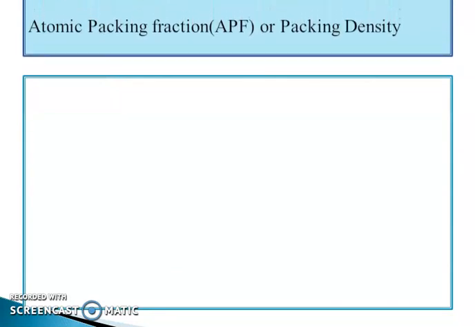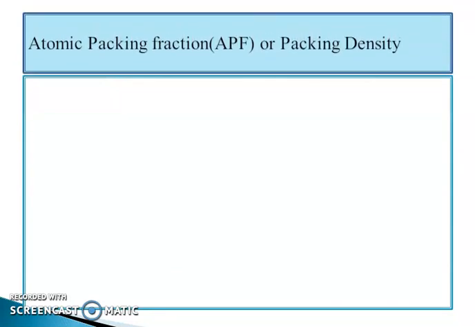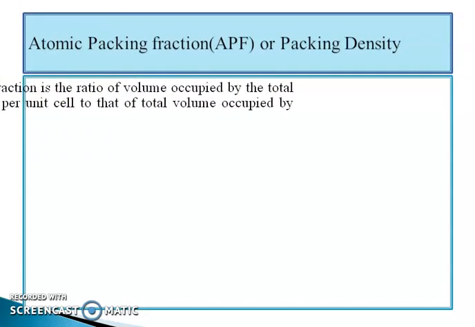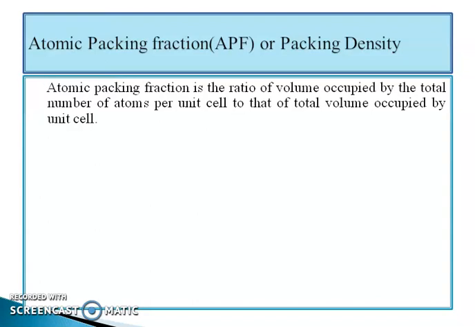Next is the atomic packing fraction or packing density. It is the ratio of volume occupied by total number of atoms per unit cell.